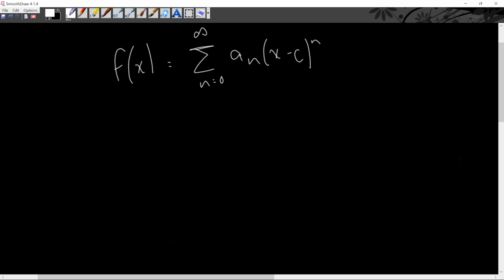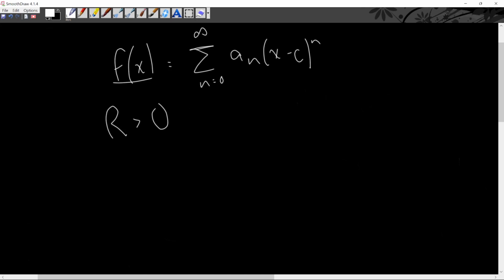We have the power series, as always, f of x is equal to the sum from n equals 0 to infinity of a sub n times x minus c to the nth power, right? This is our power series, and we're just going to establish this as a differentiable function. And if this has a positive radius of convergence, then f is infinitely differentiable.